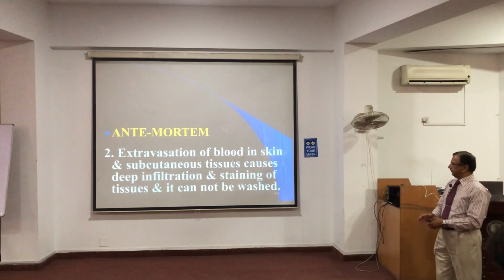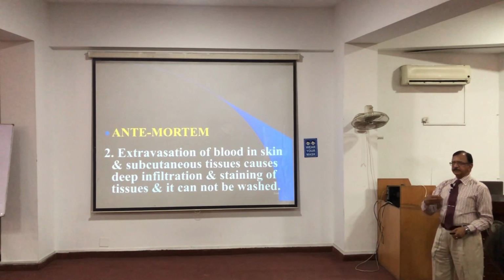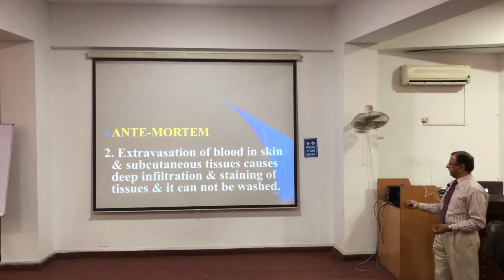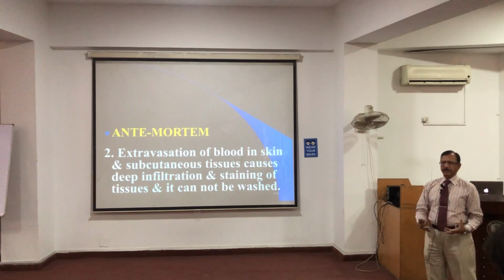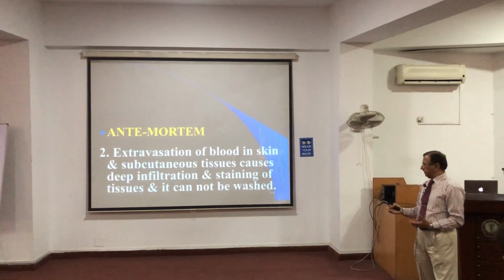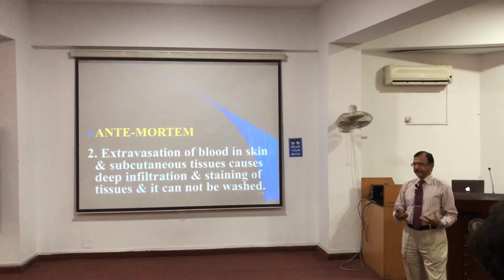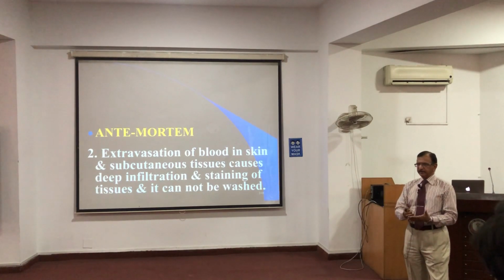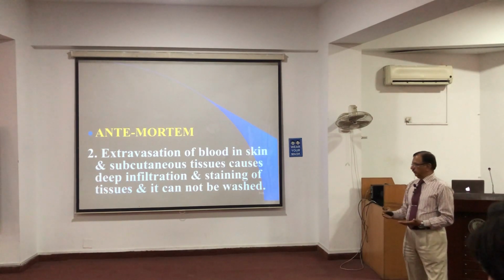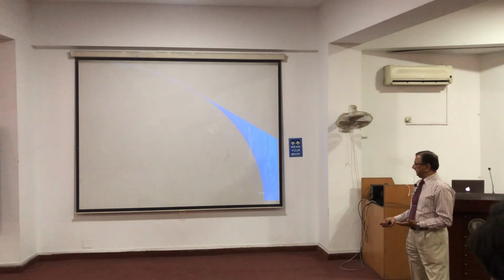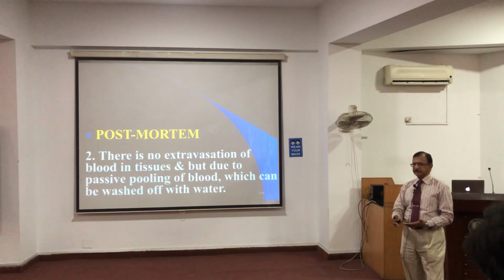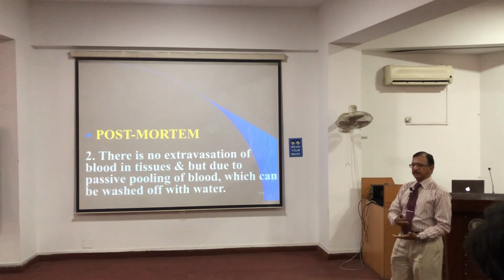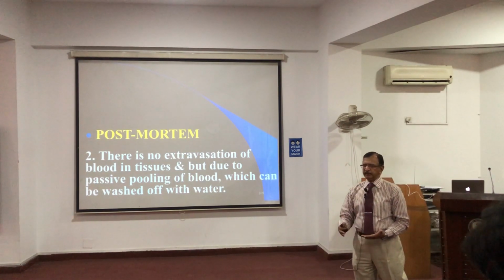In the antemortem, because of the extravasation of the blood in the subcutaneous tissues, this extravasation will infiltrate and stain the tissues, and if you cut it and try to wash it away, it will not be washed. Whereas in the postmortem, there is passive pooling from the blood vessels, but this is not going to stain the tissue and it can easily be washed.